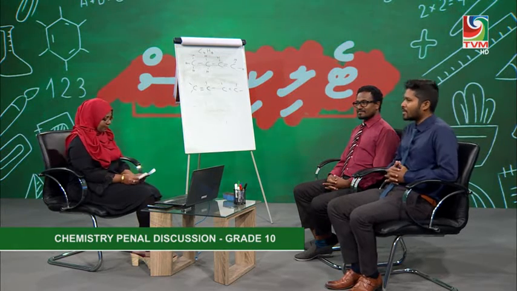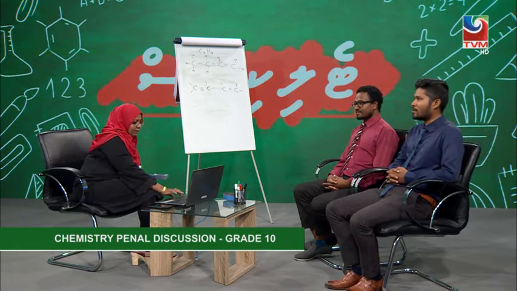Okay, then it says explain redox reactions. Redox reaction is a very common question that many students find confusing, because in order to define redox, you have to define two more concepts. A redox reaction is a reaction in which oxidation and reduction take place at the same time.